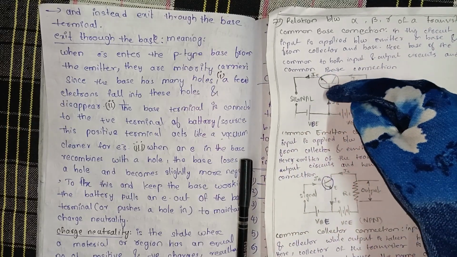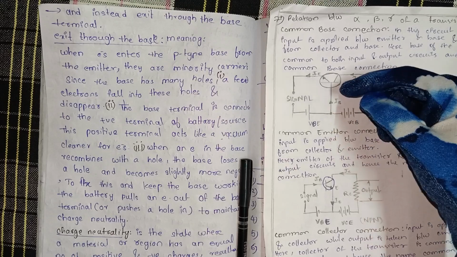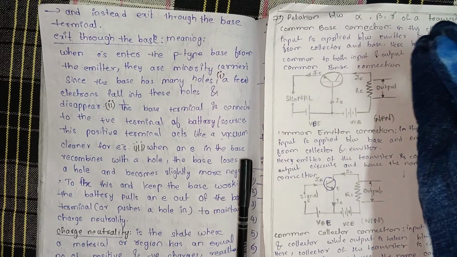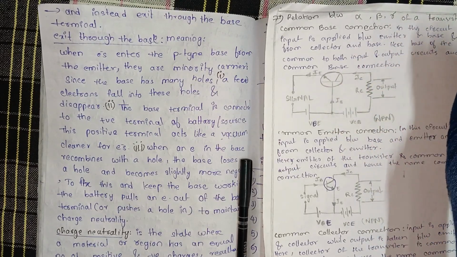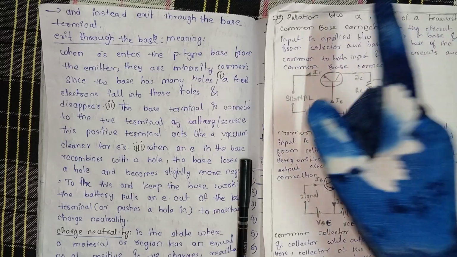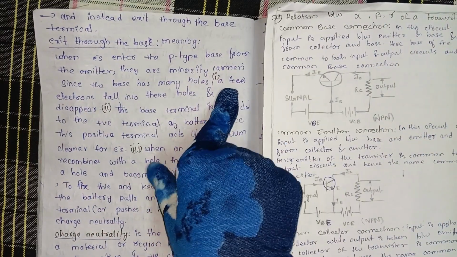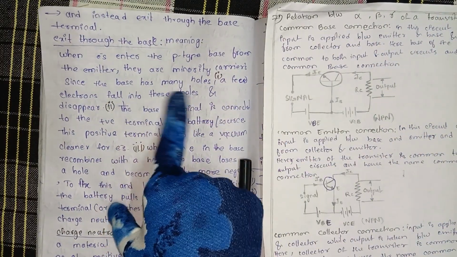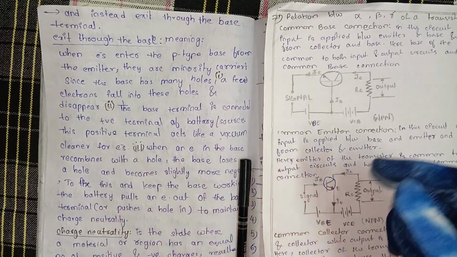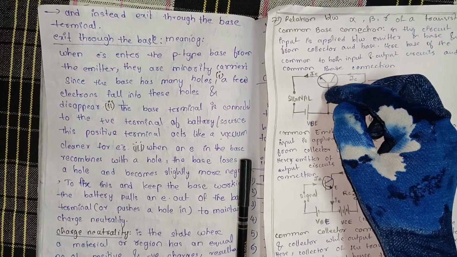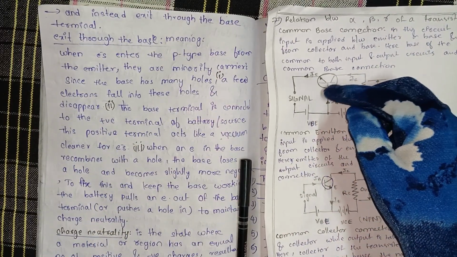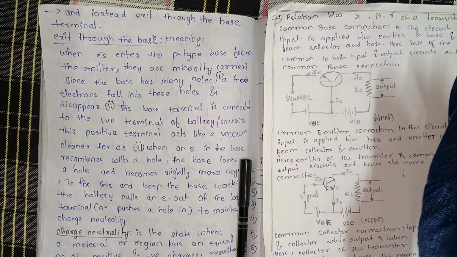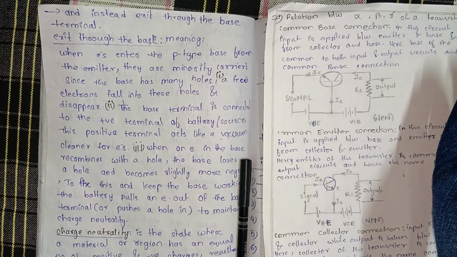These electrons are minority carriers for the base, because the base contains a majority of holes. The first reason is a few electrons fall into these base holes and disappear, meaning electron-hole recombination occurs.